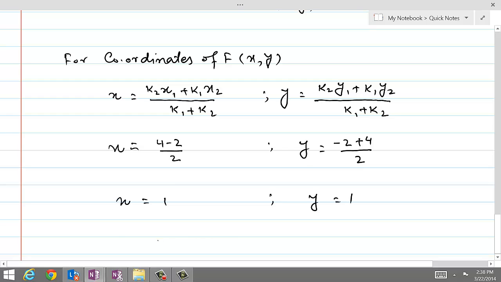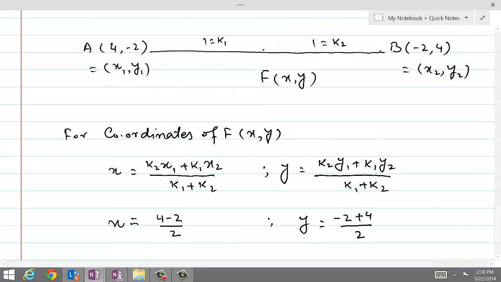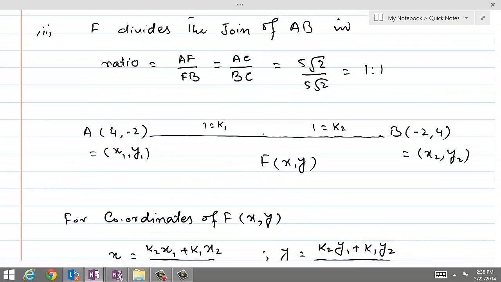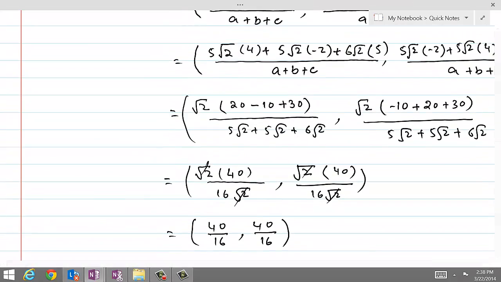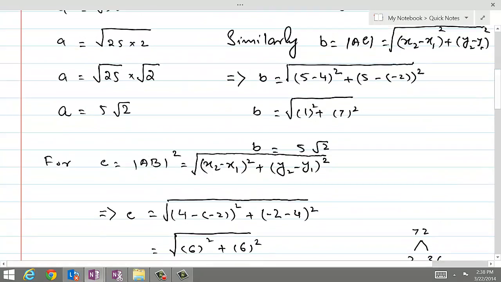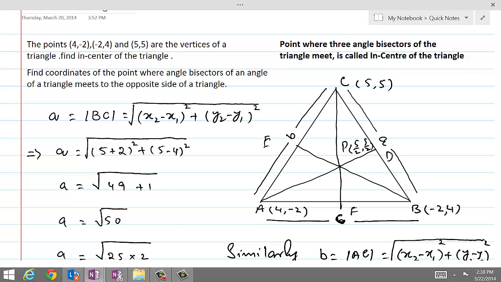So F is with coordinates 1, 1. And similarly, if you need to find the coordinates of the points on the other sides of the triangle, you can find them similarly.